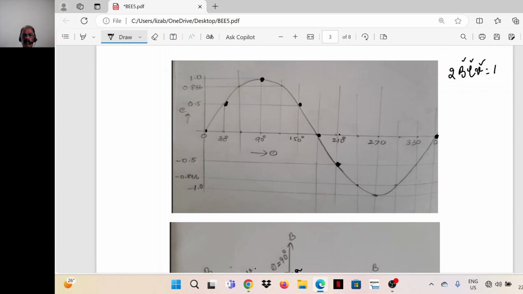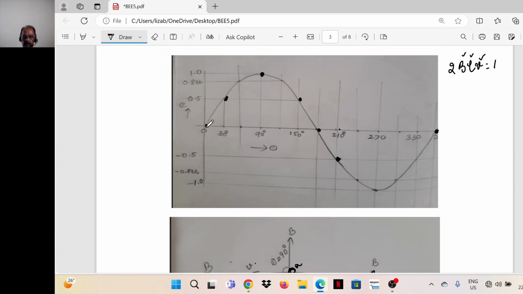So this is the EMF induced in the coil, 0 to 360 degrees. So starting point, after 30 degrees, after 90 degrees, after 150 degrees, 180 degrees, 210 degrees, this is 270, it's minus 1.